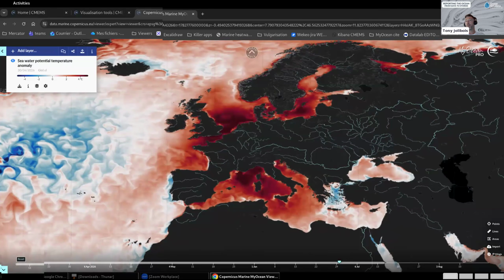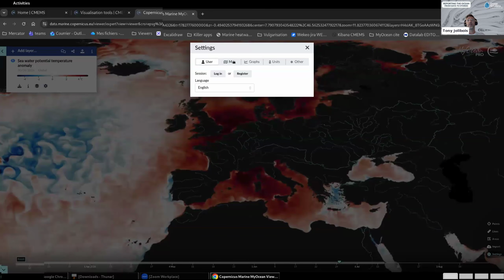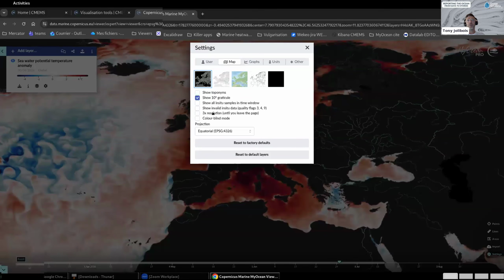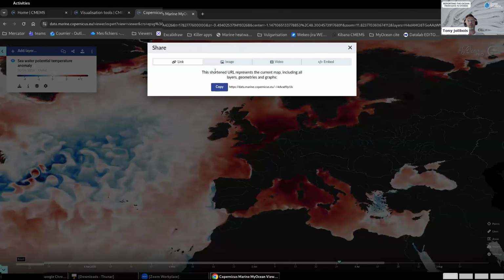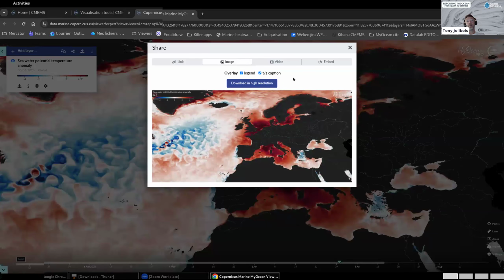First of all, you have settings here, and you can click on this option to have high resolution image instead of low resolution image, which can be interesting to illustrate articles. So again, this share button and export image. So now you have a high resolution image instead of a low resolution one.